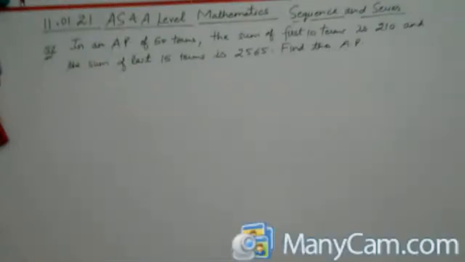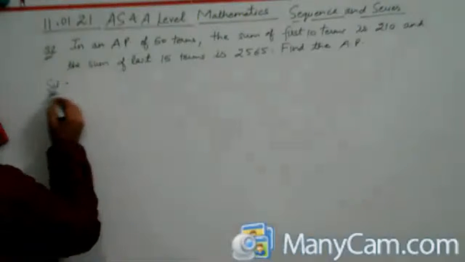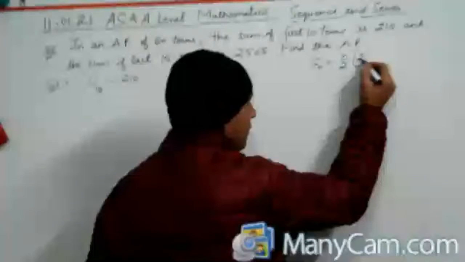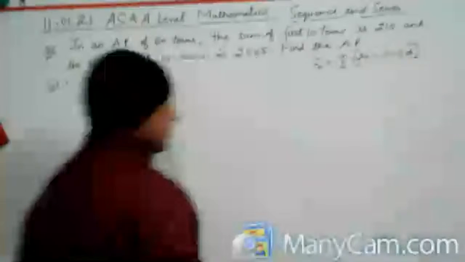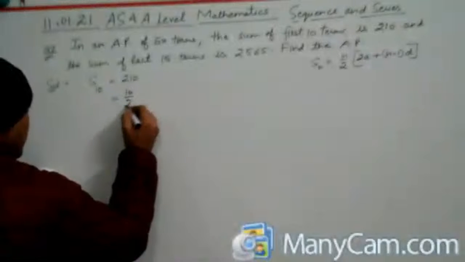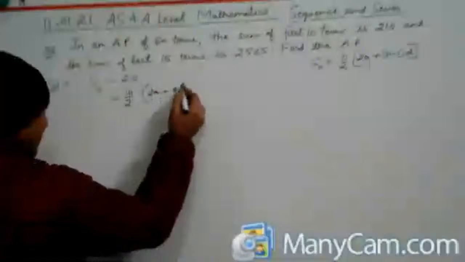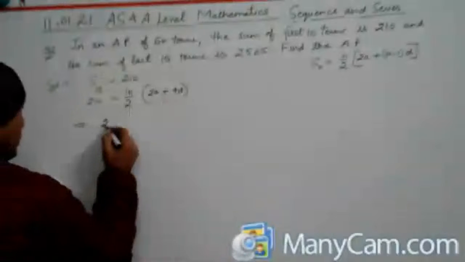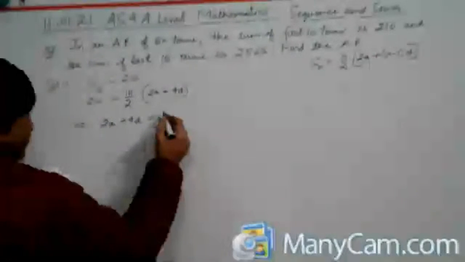The sum of the first 10 terms is 210. We use the formula S_n equals n by 2 into (2a plus (n minus 1) d). So S10 equals 10 by 2 into (2a plus 9d), which equals 210. Dividing, we get 2a plus 9d equals 42. This is the first equation.